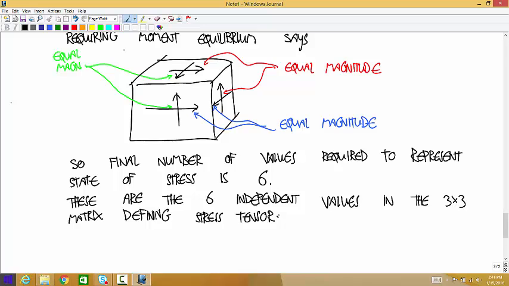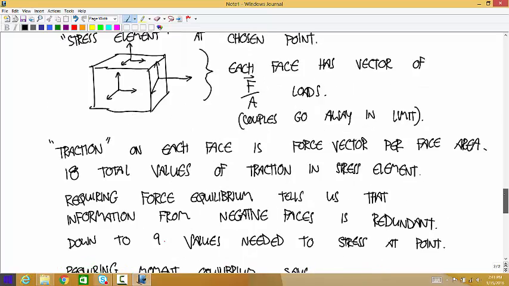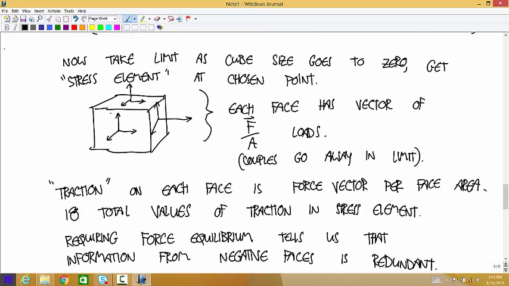A tensor, you can think of as this cube. It's a physical mathematical object that's a cube with these arrows all over it. And if you want to do math with it, you represent it as a matrix. It can have different sizes. For us, it's 3 by 3, and this one happens to be symmetric.